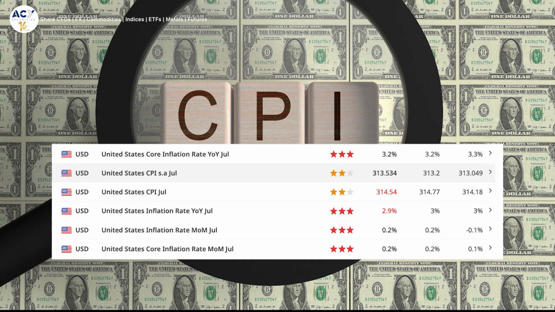And we got 2.9% year over year CPI inflation, Consumer Price Index. The expectation was 3%. So 0.1% lower than what was expected by the market, the consensus, the participants.